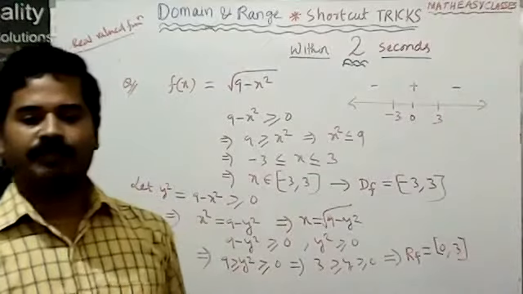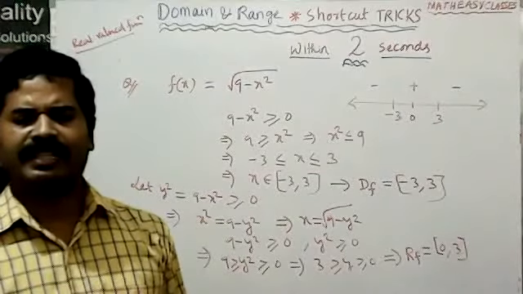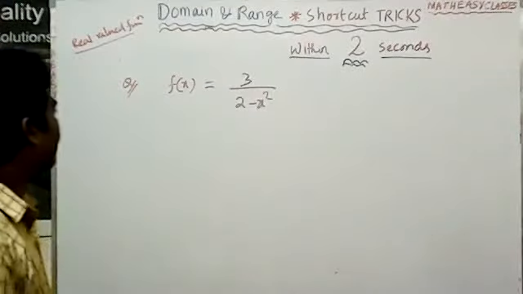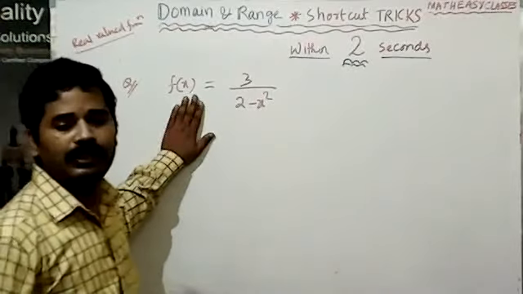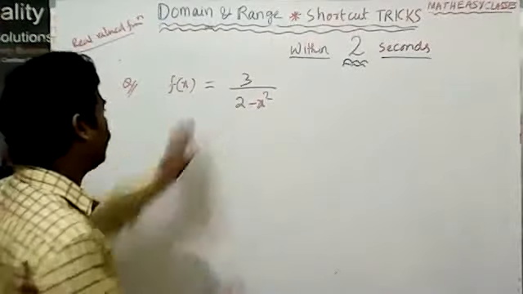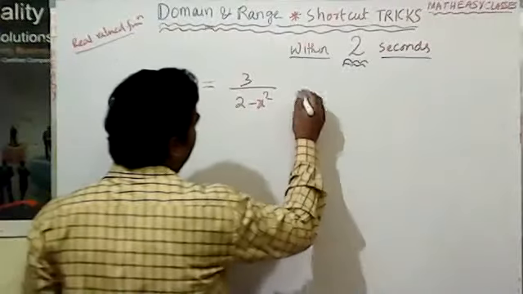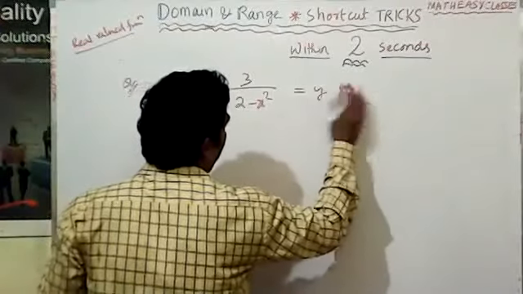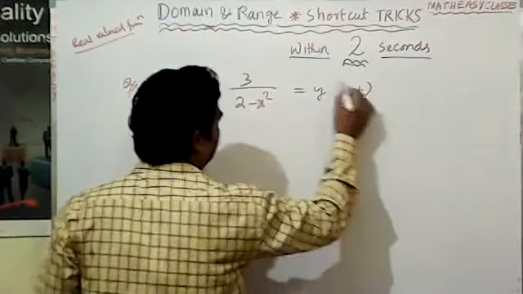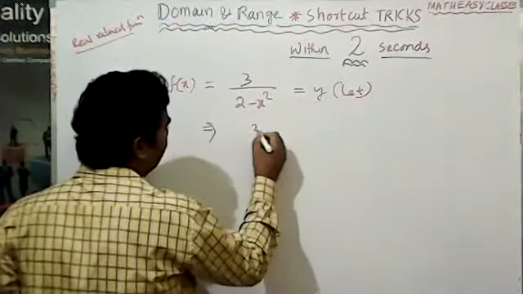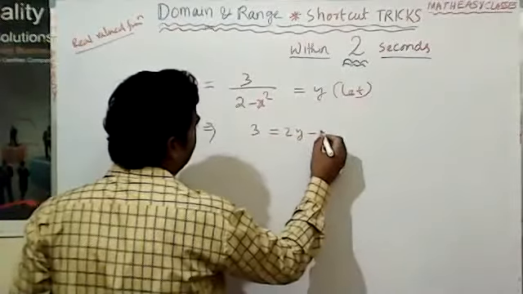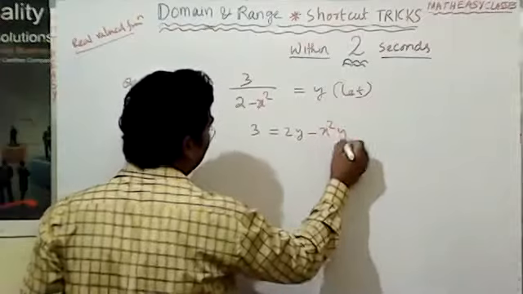That is another question, a specific question. If the question is given that f(x) is equal to 3 by 2 minus x square, let f(x) be equal to y. So that means here 3 is equal to 2y minus x square y.